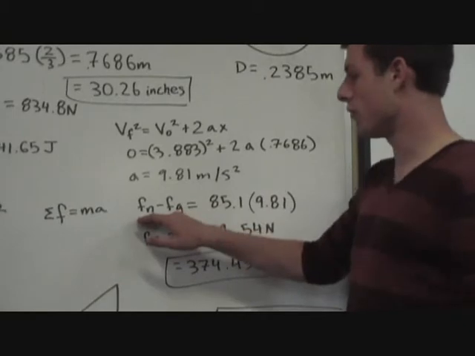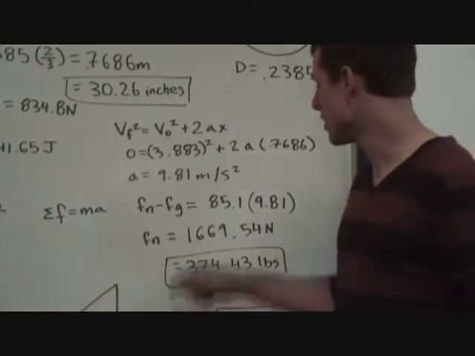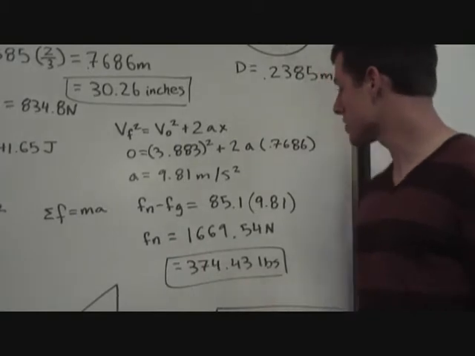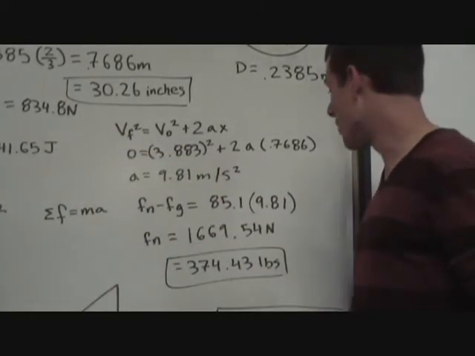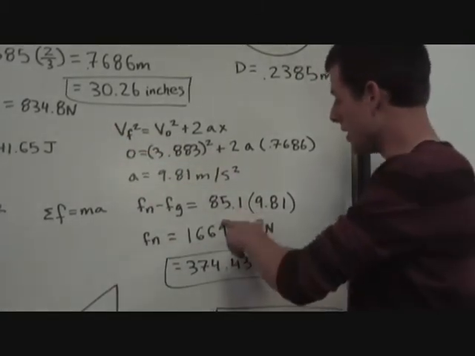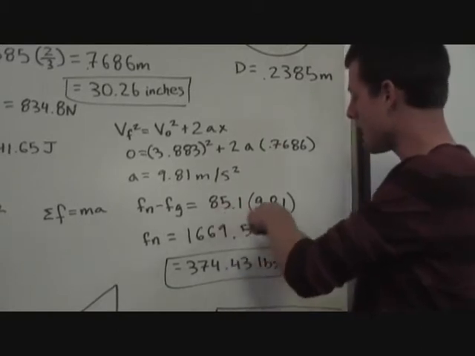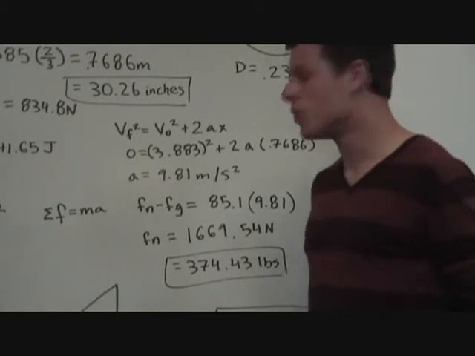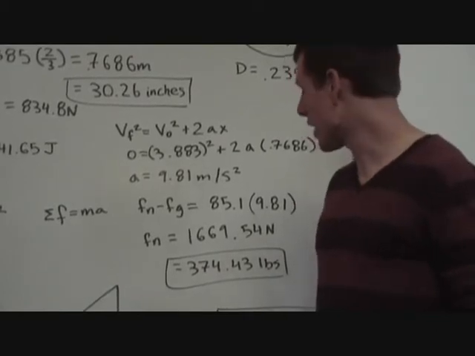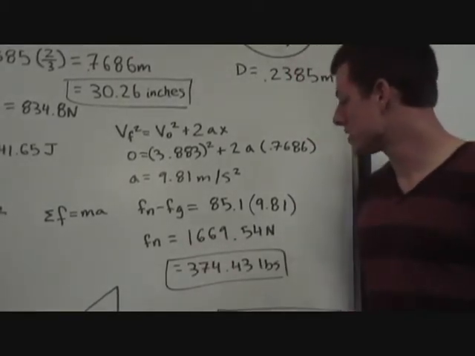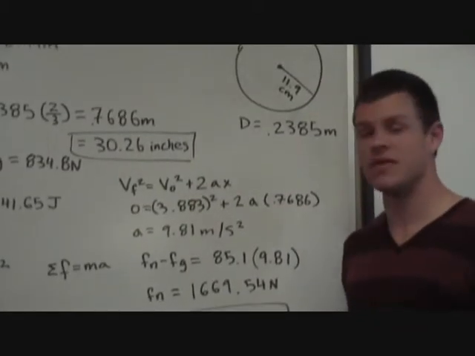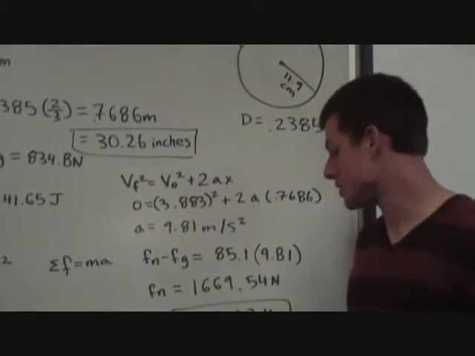Our normal force of the ground pushing on me as I push back on it, minus my gravitational force that we found over here, my weight in newtons, equals my mass times the acceleration we just found. That gives us the force that I push on the ground with when I jump, being 1,669.54 newtons, or 374.43 pounds.